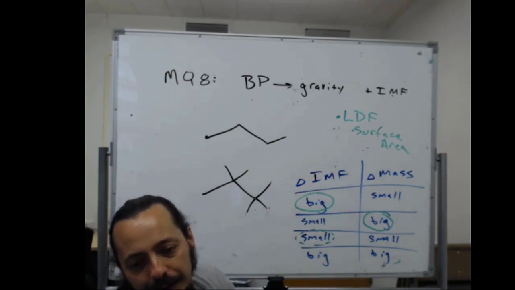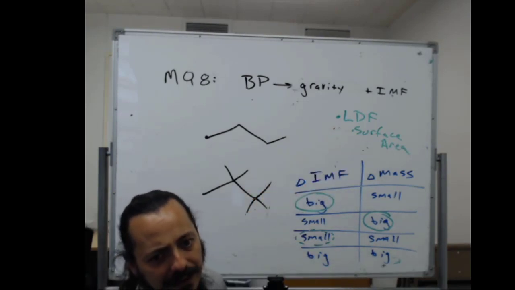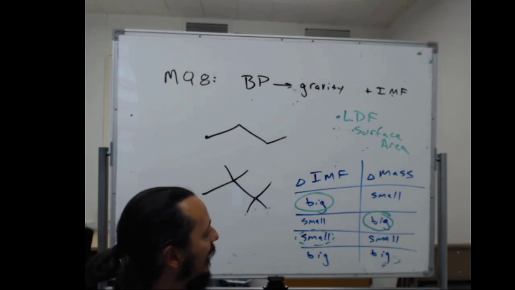If you do an energy per mole type calculation, the IMFs usually dominate unless you're dealing with really huge molecules. So this one, the IMFs would probably dominate.